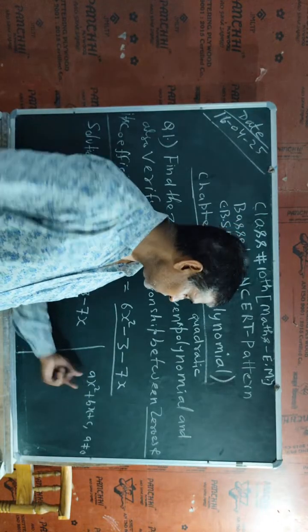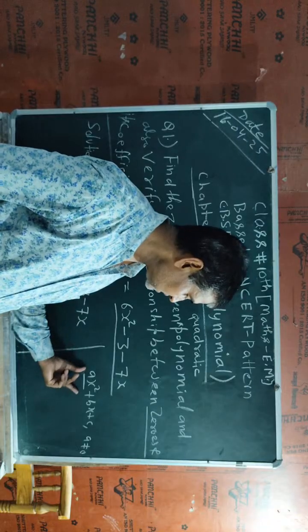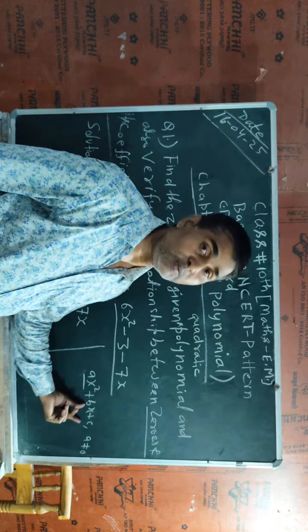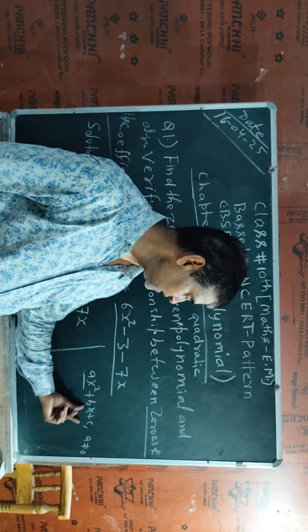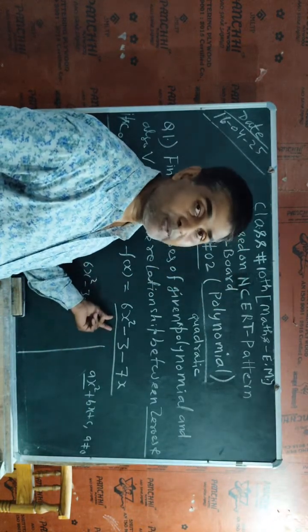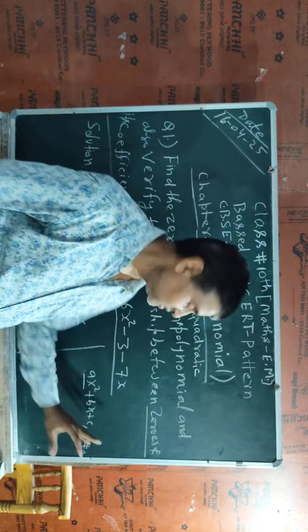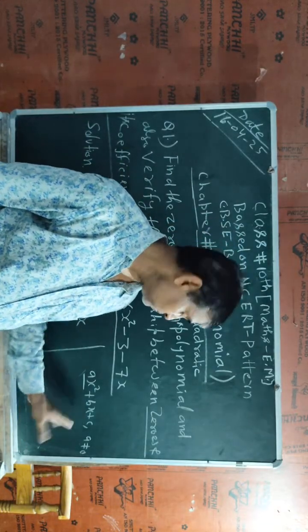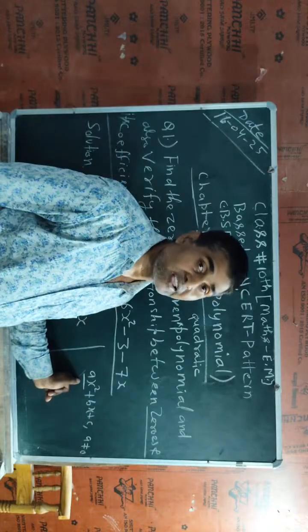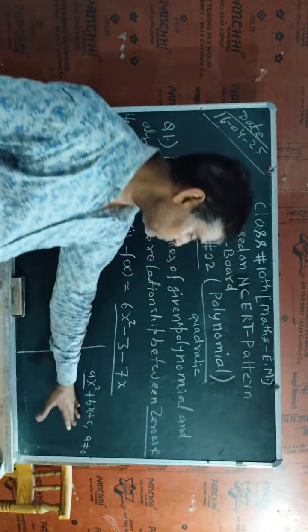If this term were 0, then this would be a linear polynomial, but here a quadratic polynomial is given. Therefore, I will put here that a cannot be 0. The other terms, the coefficient of x and the constant, can be 0, but the coefficient of x square cannot be 0. So this is the important part of a quadratic polynomial, and you have to remember it.